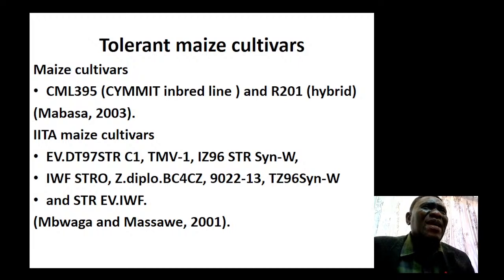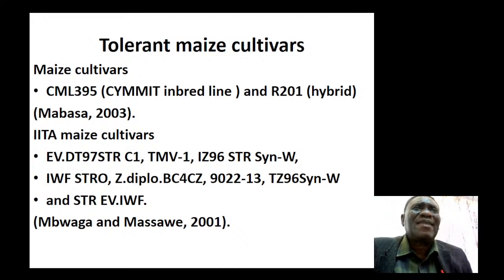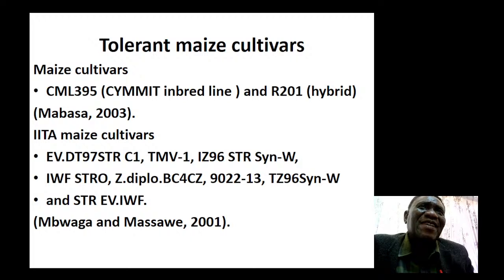There are also tolerant maize cultivars like the CML 395 and R201. R201 is an old hybrid. I think it was specifically bred for drought tolerance.